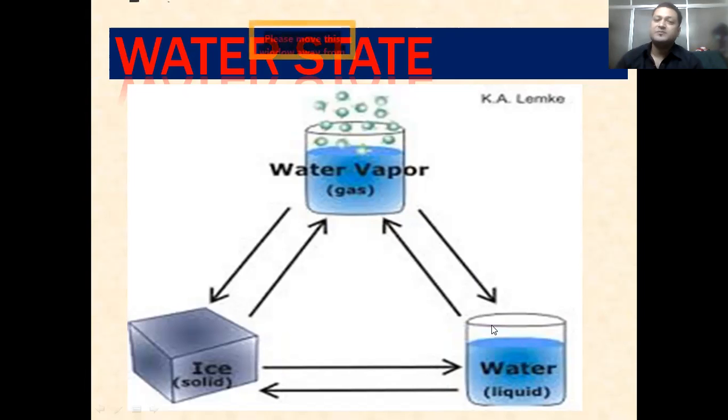If you give more heat, the ice is converted to water, then again the water is converted to water vapor. After that, if you reduce the heat, the water vapor will first convert to water, then the water will be converted to ice. So you remember this process.